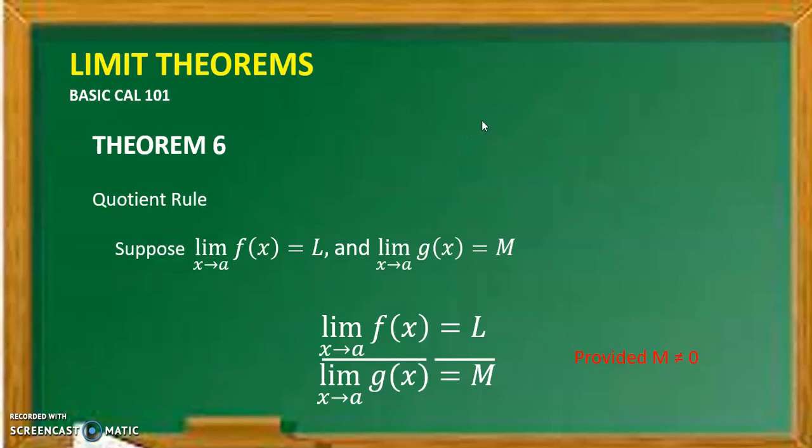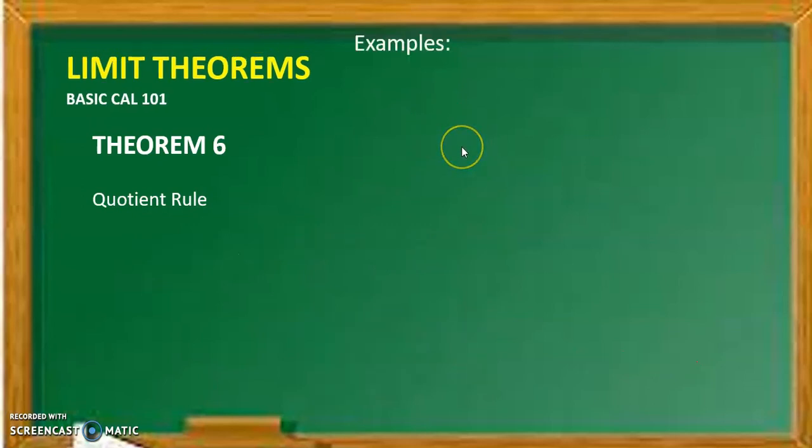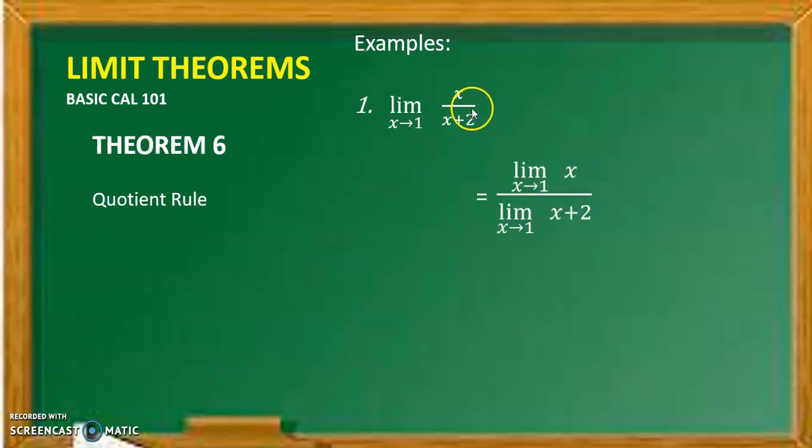But this time, let's stick to the limit theorems. So, examples. Let's say the limit of x over x plus 2 when x approaches negative 1. So, it's a quotient, right? So, let's get the limit of the numerator and the limit of the denominator: the limit of x when x approaches 1 over the limit of x plus 2 when x approaches 1. We already know that.